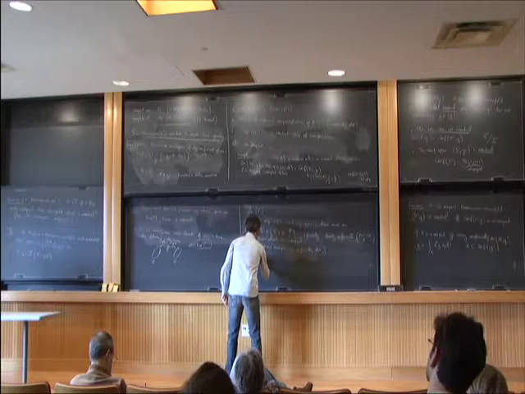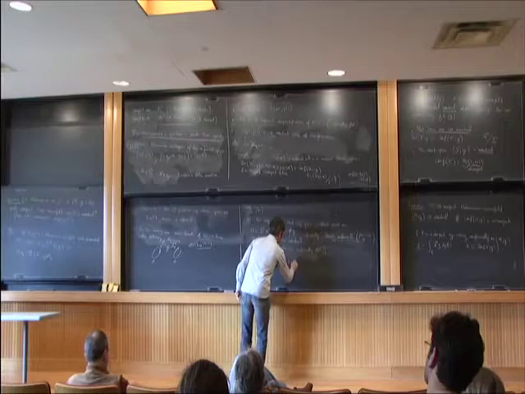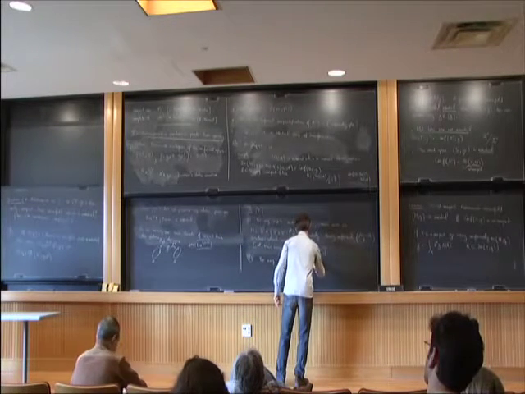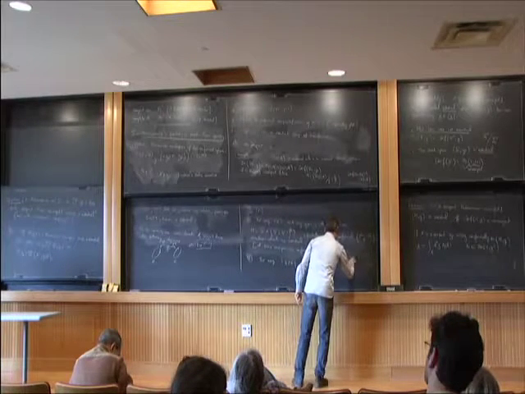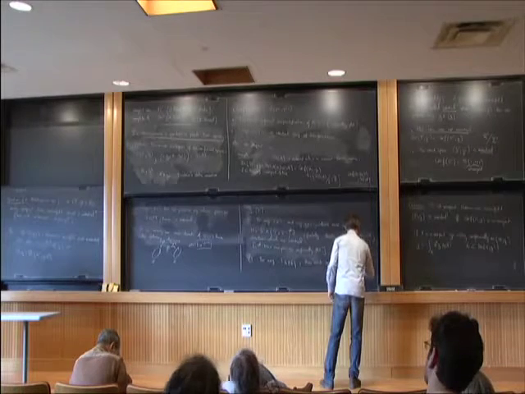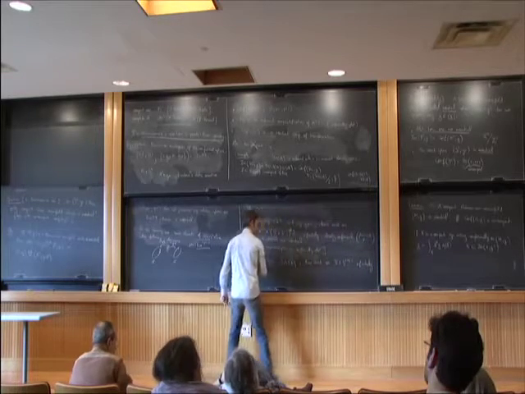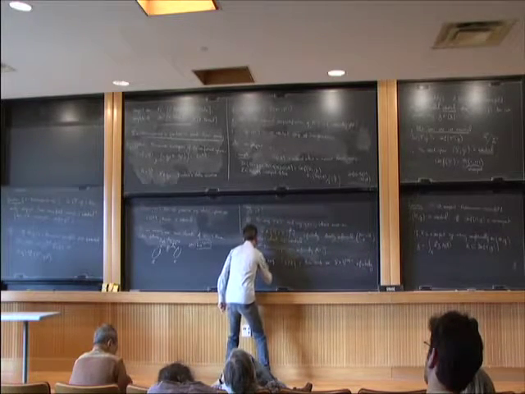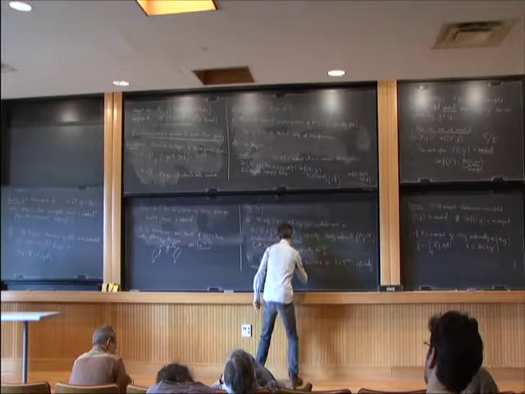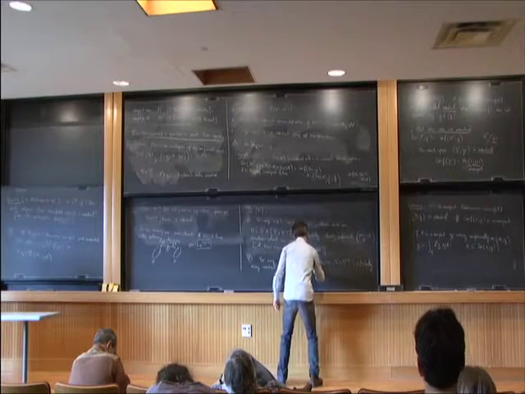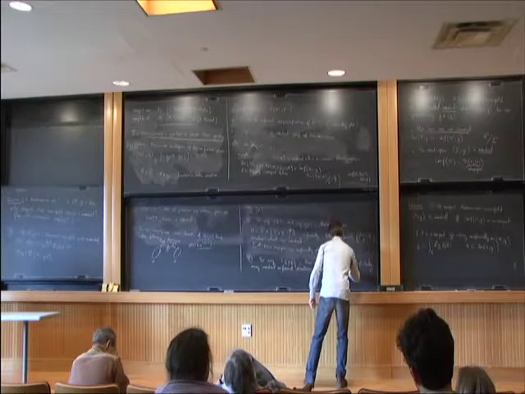So the second statement is that for any p, q satisfying this inequality, there exist on S1 cross S^(p+q-1) infinitely many pairwise disjoint, pairwise inequivalent essential conformal structures of signature (p,q) which are not conformally flat.